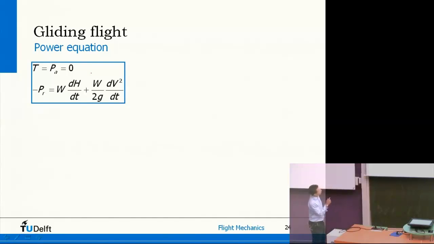And you see minus power required, which is quite a large value, is equal to a kinetic energy change. So this means if you pull back the stick just to stay in the air, the aircraft will start to decelerate. So clearly that's not really an option if you try to fly an aircraft.